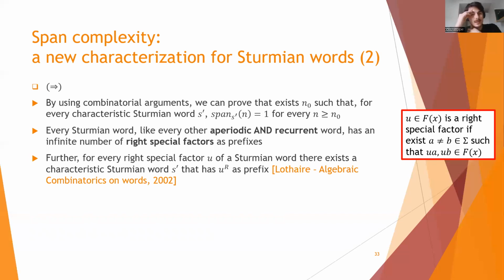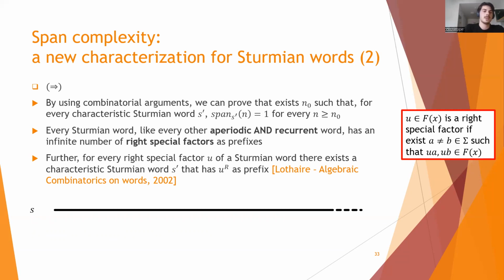In the work of Lothaire, Algebraic Combinatorics on Words, it has been proved that for every right special factor u of a Sturmian word, there exists a characteristic Sturmian word S prime that has the reverse of that right special factor as prefix.